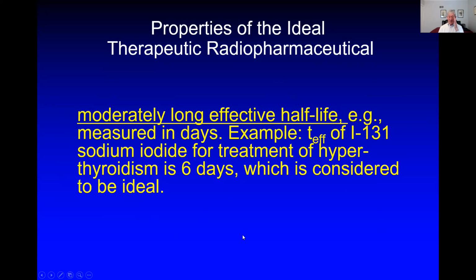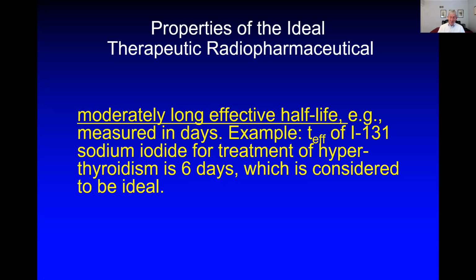Here's a perfect example. When we treat a hyperthyroid patient with I-131 sodium iodide, the T effective happens to be 6 days. That's considered perfect. The patient doesn't think it's perfect because we tell the patient, you're not going to feel better for about 4 to 6 weeks. Remember, this iodine has a 6-day T effective, and after it goes through 30 days, that's 5 T effectives.